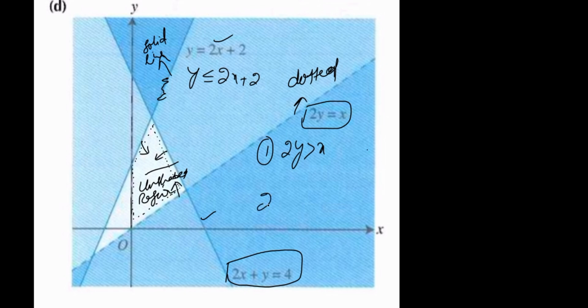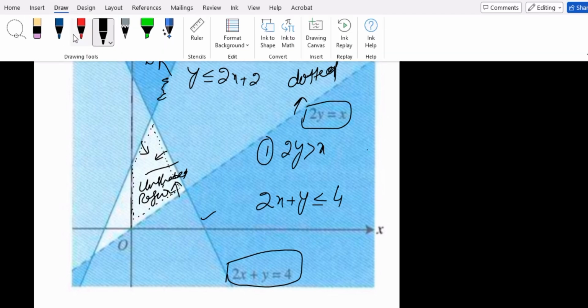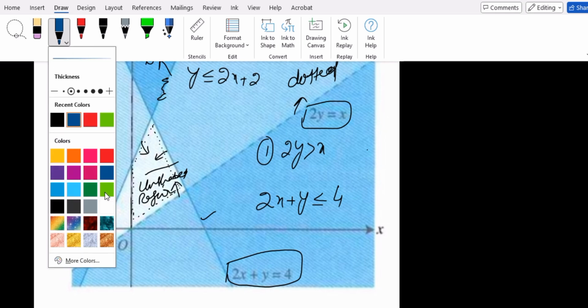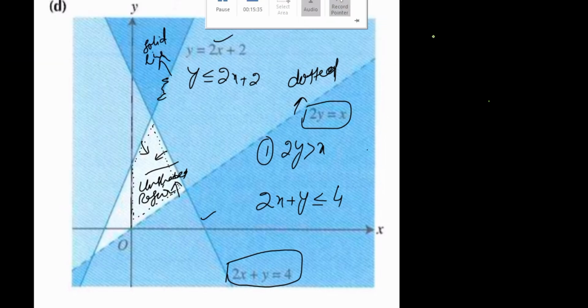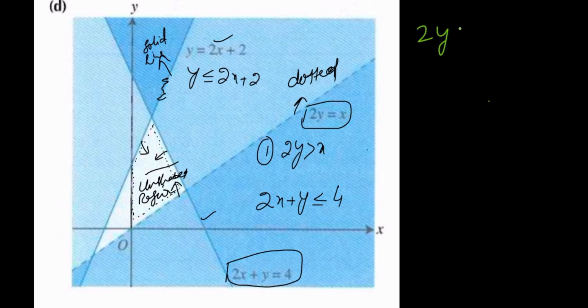So the associated inequality is 2x plus y less than or equal to 4. So in this case, the three linear inequalities that define the unshaded region are: the first one is 2y greater than x.